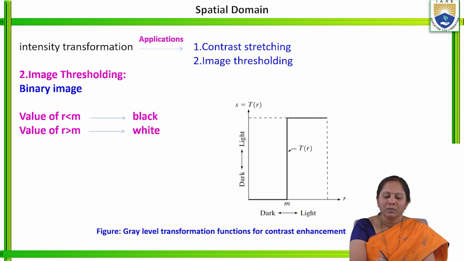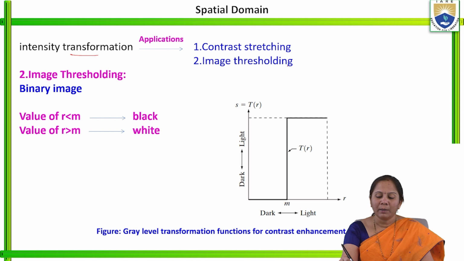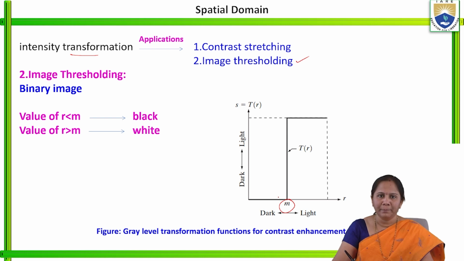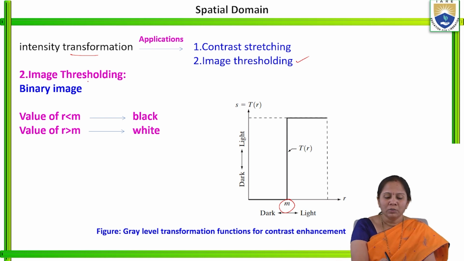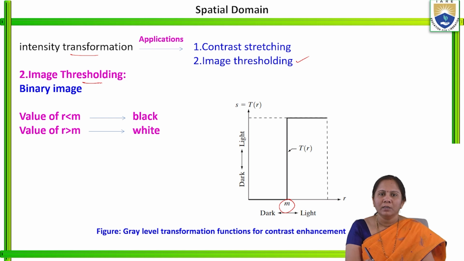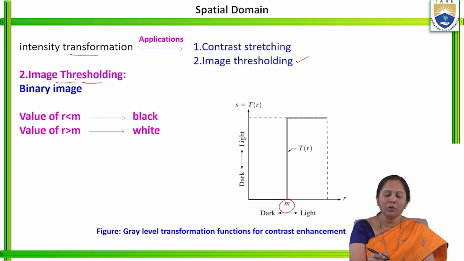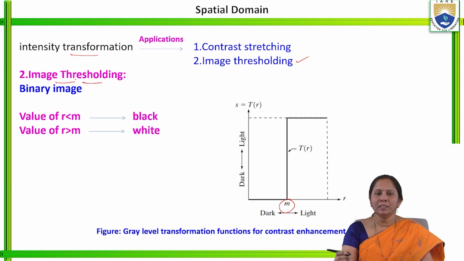Now, in intensity transformation, the second application is image thresholding. Here also one threshold value will be considered. In this case also we are considering the threshold value as M. This image thresholding concept is generally applied for binary images. That means if the image thresholding concept is applied on any image, then the resultant image we get will be a binary image.